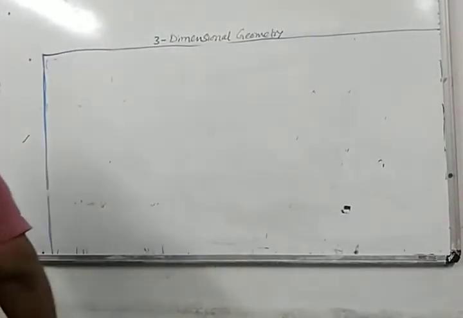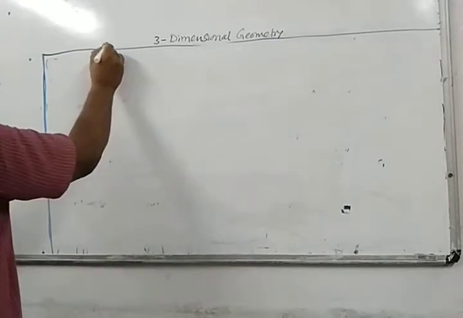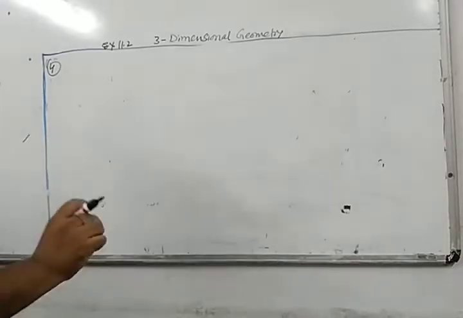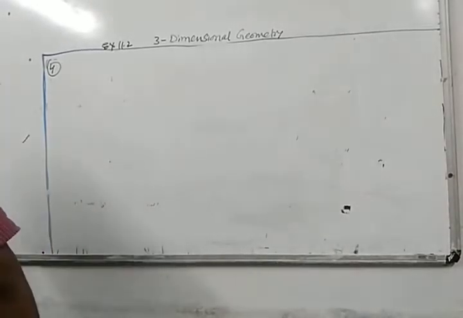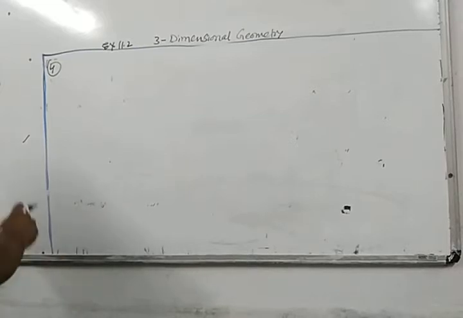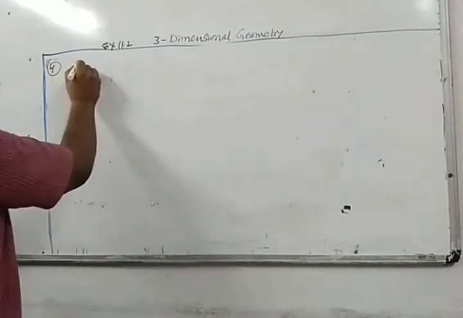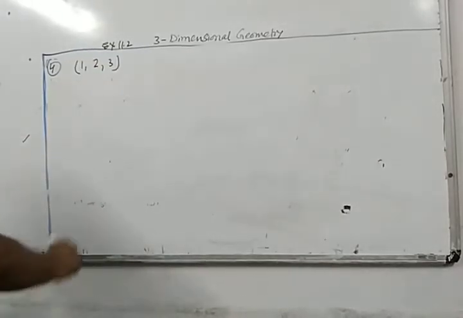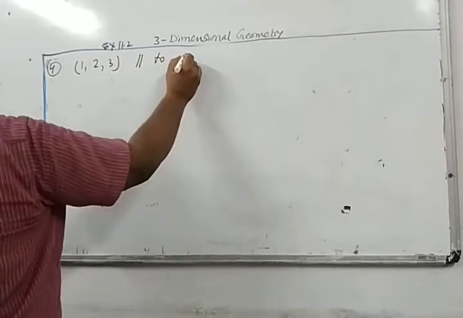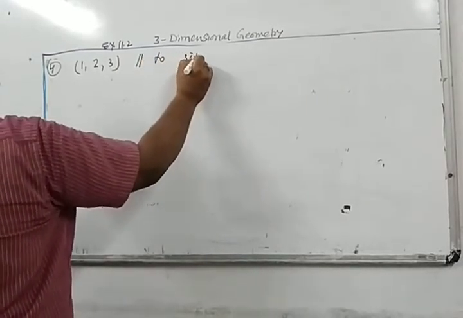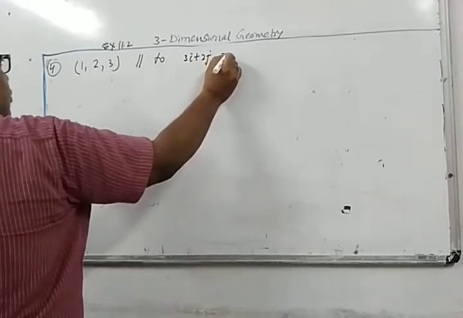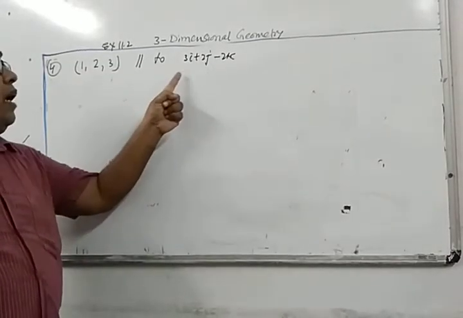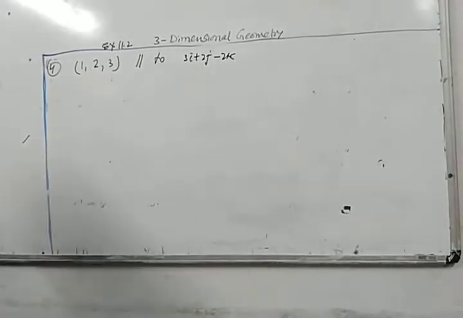I am taking one question from exercise 11.2. Question number 4. That is a very simple, easy question. Find the equation of a line which passes through the point (1, 2, 3) and is parallel to the vector 3i + 2j − 2k.